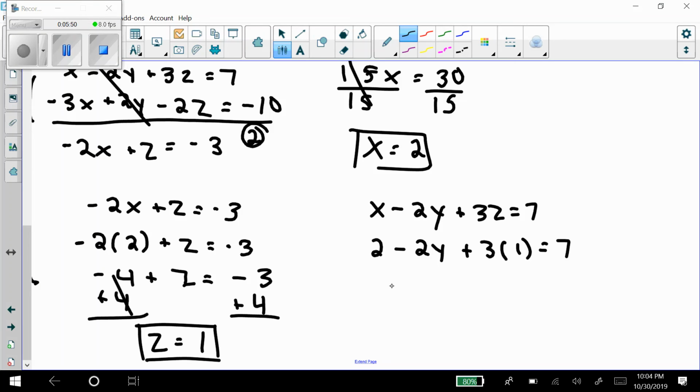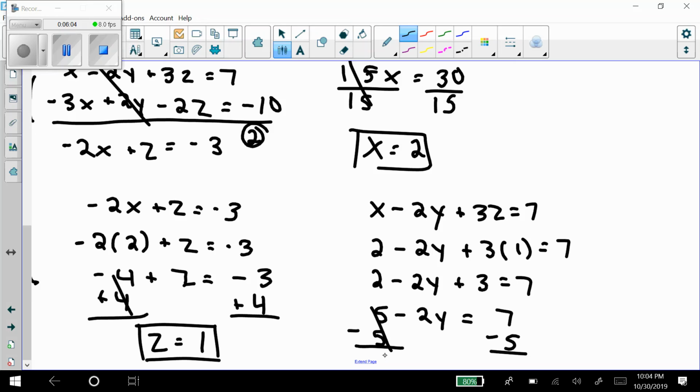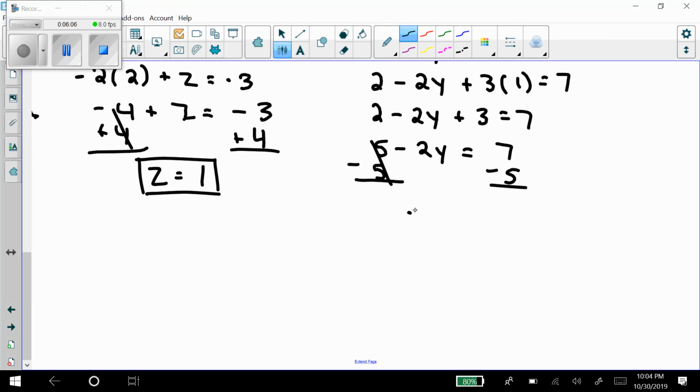So then you get 2 minus 2y plus 3 equals 7. 2 combined with 3 gives you 5 minus 2y equals 7. Subtract 5, subtract 5, and you get negative 2y equals 2. Divide both sides, and you get y equals negative 1.